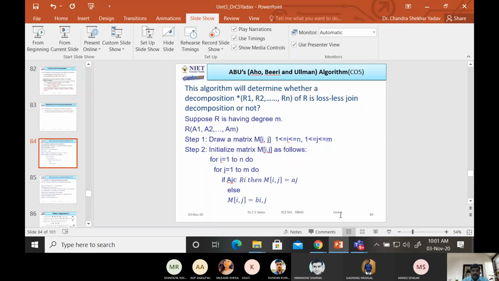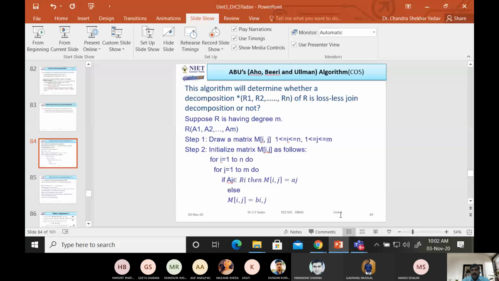In the last lecture, I told you about lossless decomposition. There are two conditions for a good decomposition, or two features of a good decomposition.